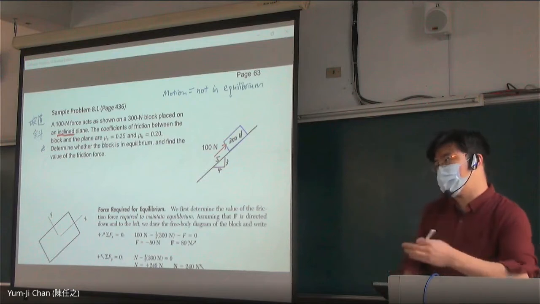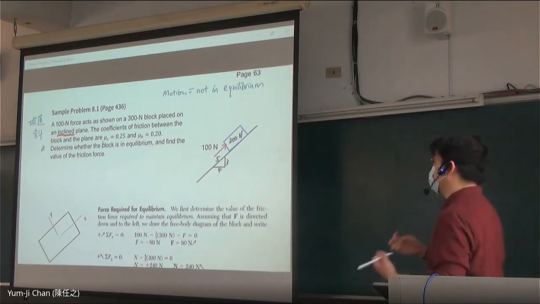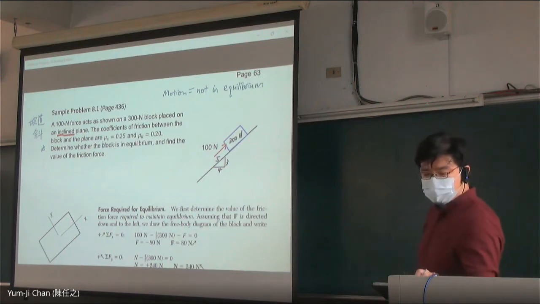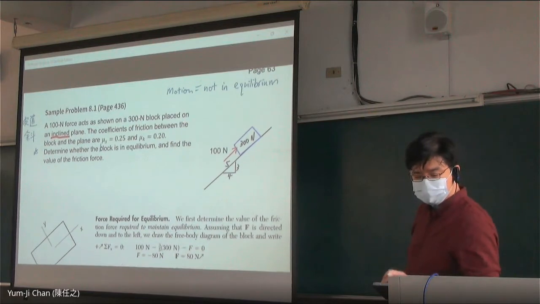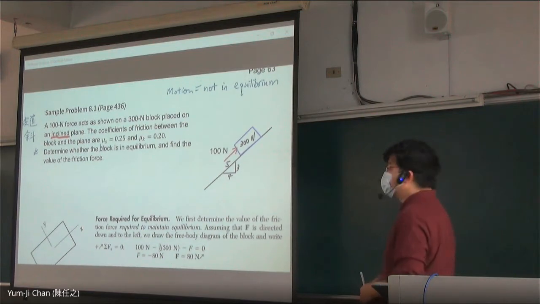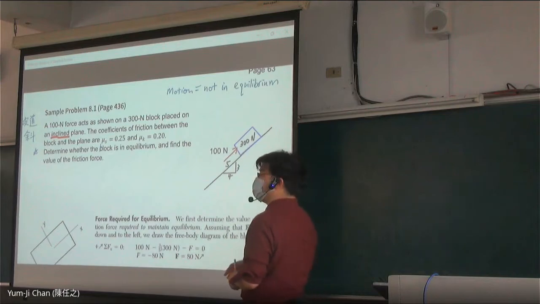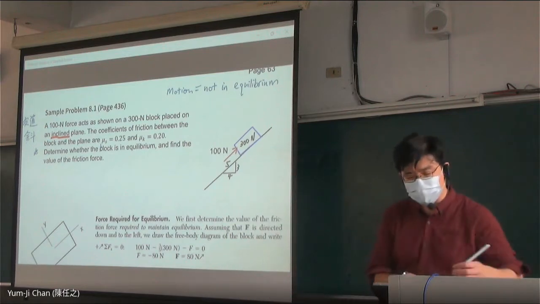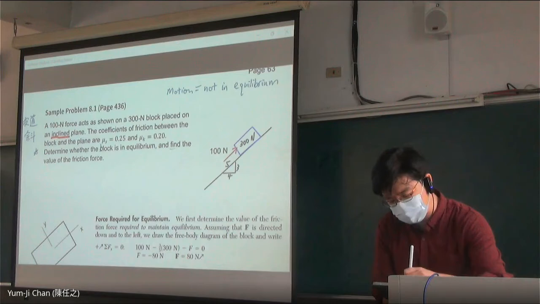Of course, it means F equals ma and so on, but so it is not in equilibrium. And determine the value of the friction force, or find the value. That means determine, right?